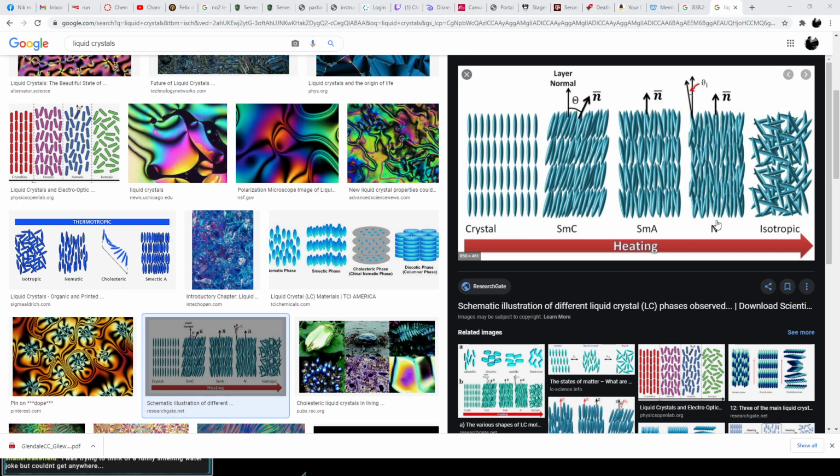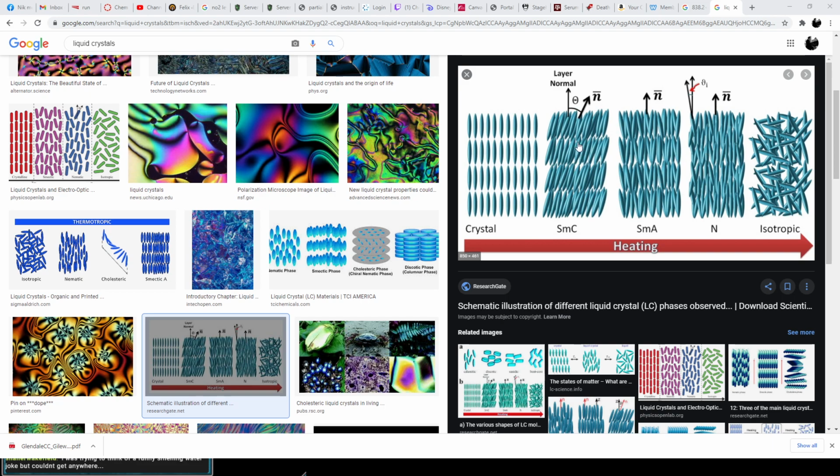You have nematic crystals. I'm not going to make you memorize any of these words because they're bizarre. These are smectic type A. Try spelling that. These are smectic type C. In smectic type A, they're packed together in layers and they're all pointing vertically. In type C, they're inclined a little bit.